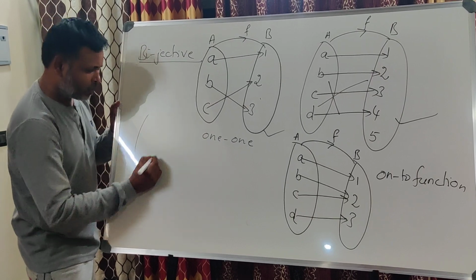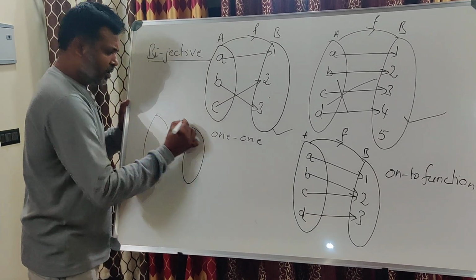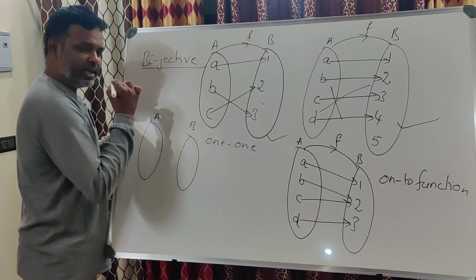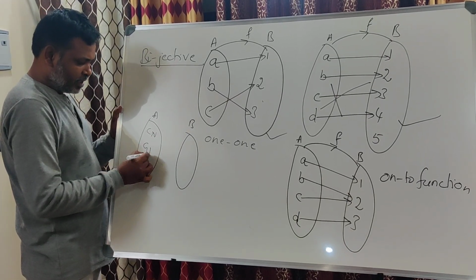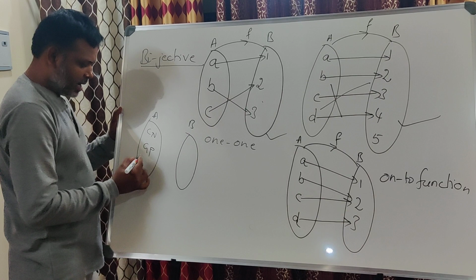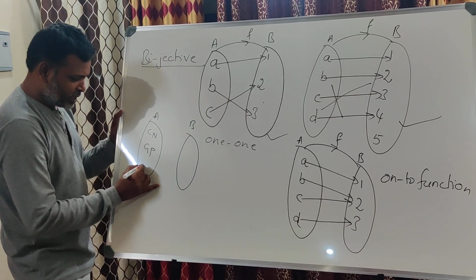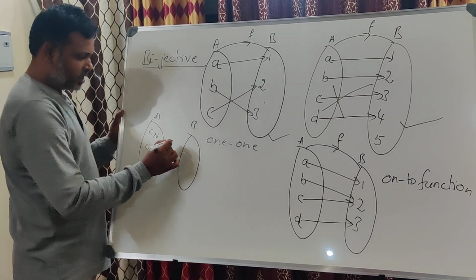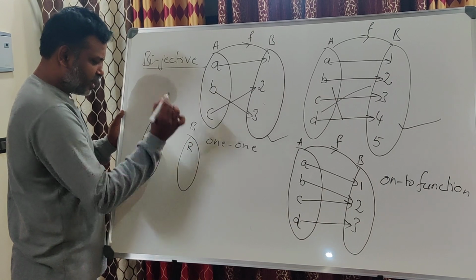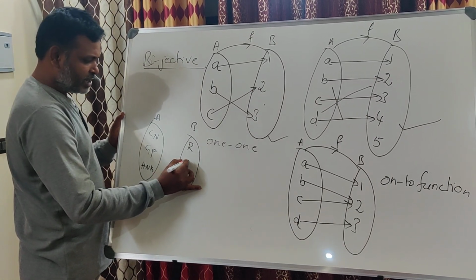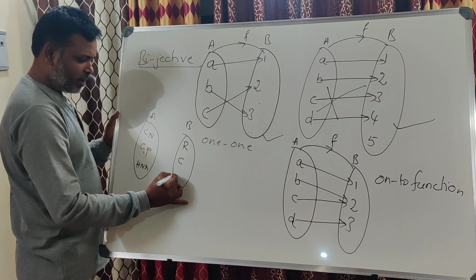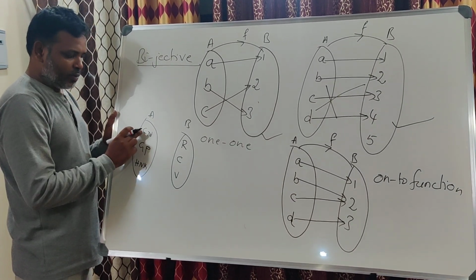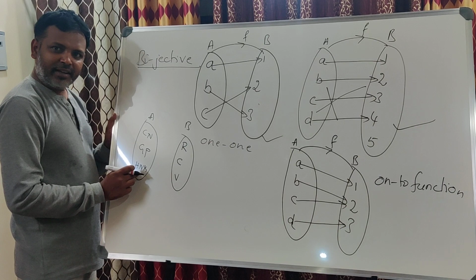To give another beautiful example, you must listen carefully. This is A, this is B. CN, GP and, as an example, HNK. So CN is going to teach relations and functions, GP is going to teach calculus, HNK is going to teach vectors. We three people are different.